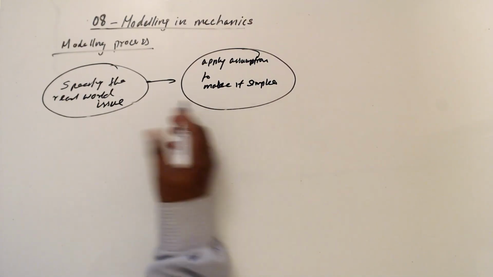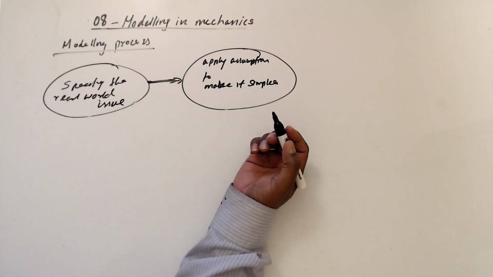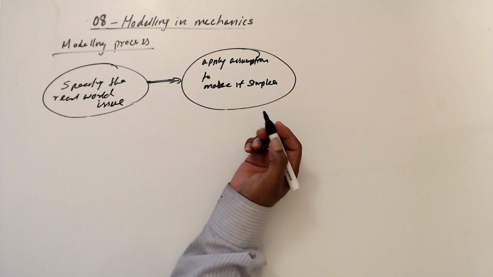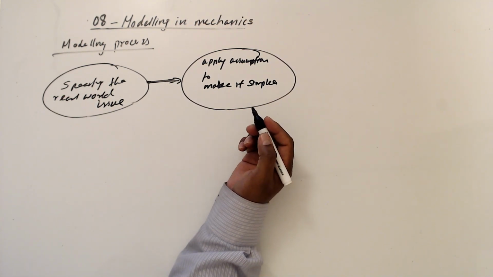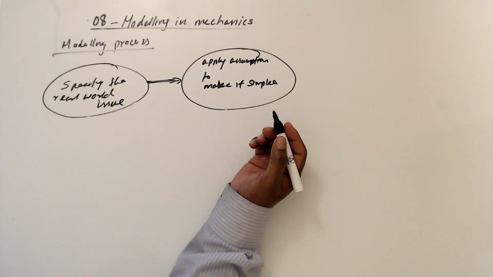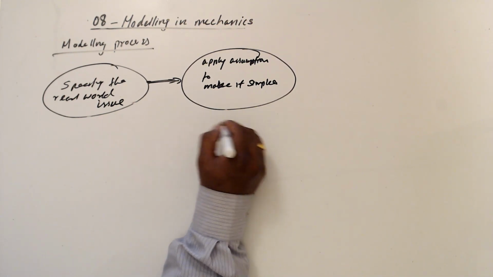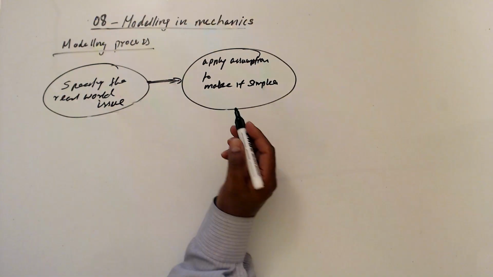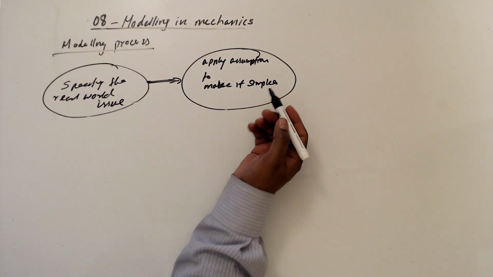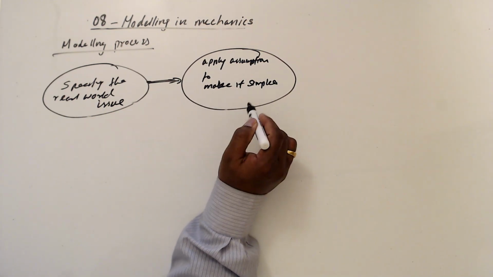For example, if it is a ball, sometimes we will consider it as a particle. Sometimes a string, we will take it as a light string. The weight is disregarded when we use the word light, or a smooth space. The word smooth disregards the friction. Likewise, we apply assumptions to make it simple.